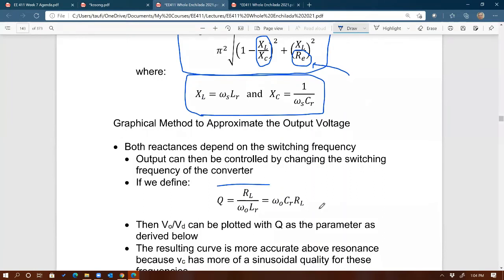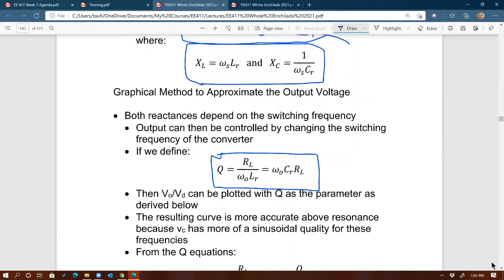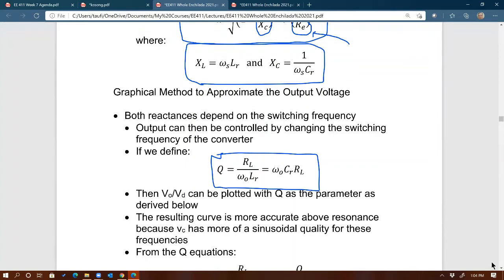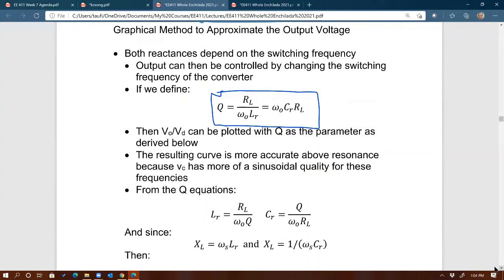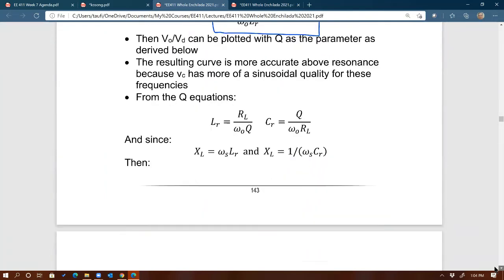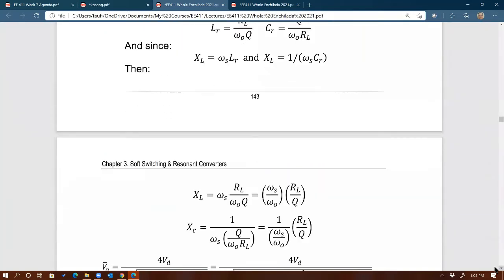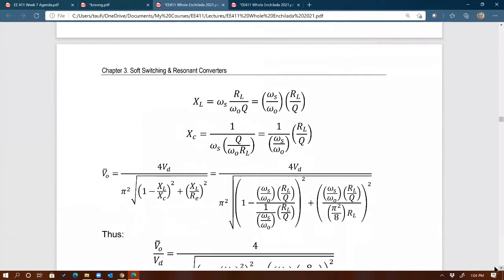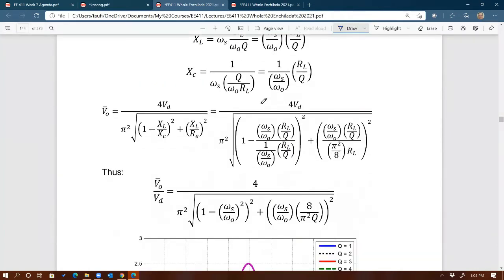I'm going to plot a family of curves per given quality factor, depending on how much inductance, how much capacitance, and how much load resistance you have. That will determine the quality factor. To make a long story short, I rewrite the equation in terms of quality factor, as well as in terms of the ratio of switching to resonant frequency.